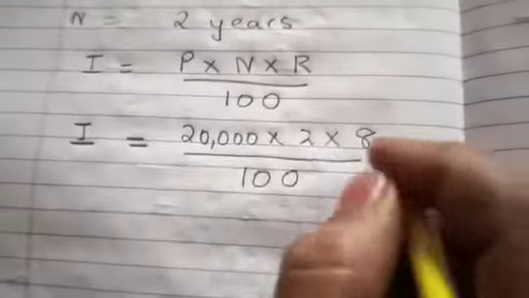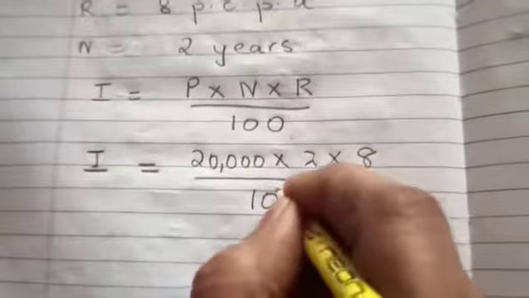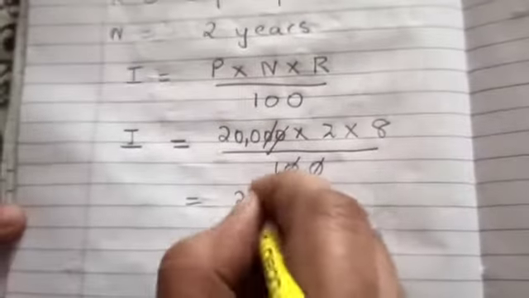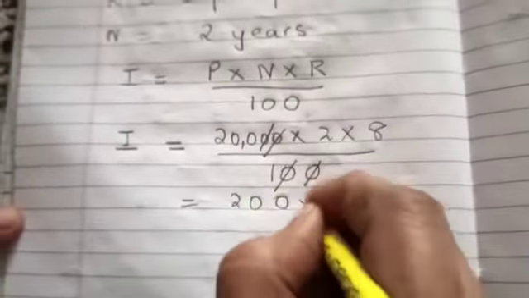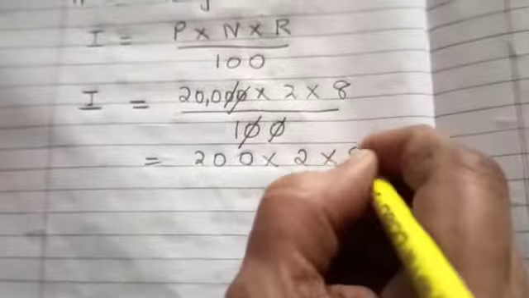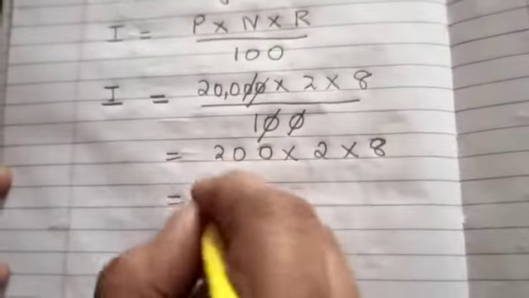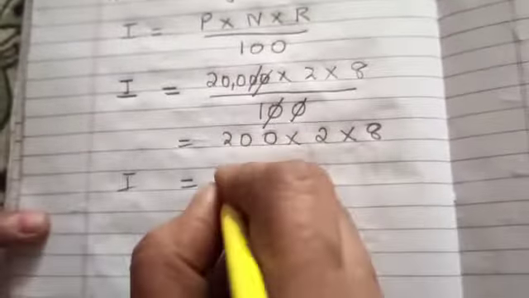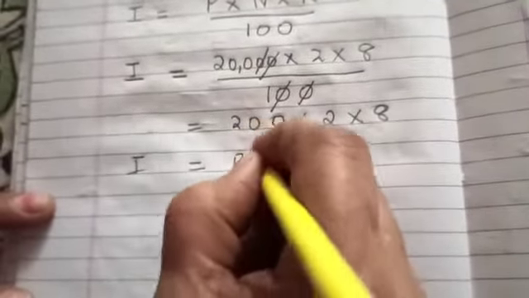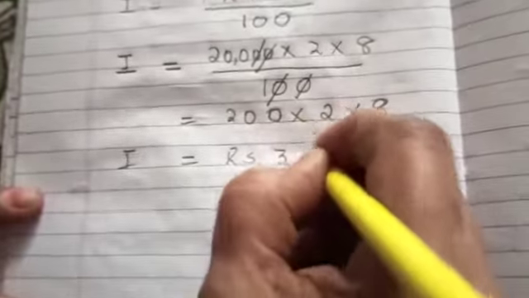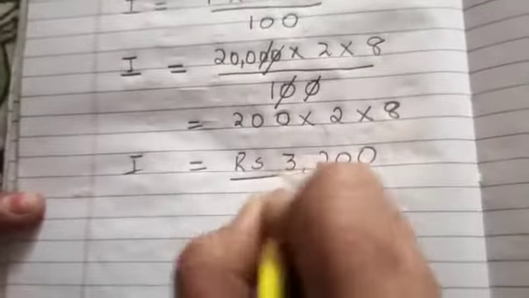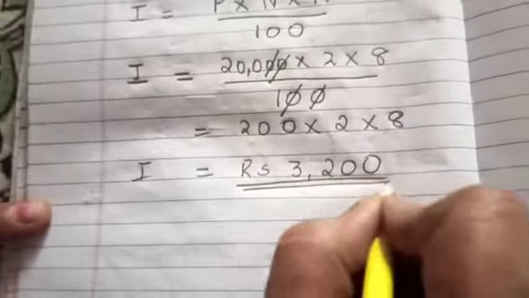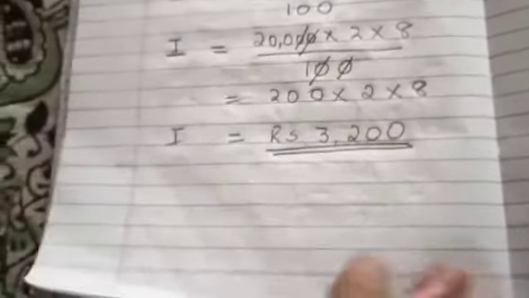Now let us cancel the zeros. You get 1, 2, 1, 2. So that is equal to 200 multiplied by 2 multiplied by 8. Now when you multiply 200 into 2 into 8, you get I is equal to rupees 3,200. So now this is very important for us. We have got the simple interest.